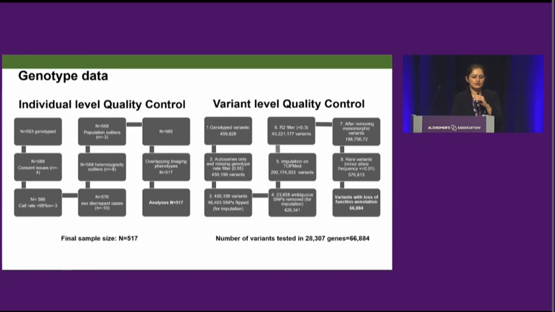For the variant level, we started with around 459,000 genotyped variants which were typed on the NeuroChip. After a strict quality control and imputation on TOPMed, we filtered on rare variants, that is a minor allele frequency of 1%. And then we applied a loss of function annotation, which left us with 67,000 variants to be tested.